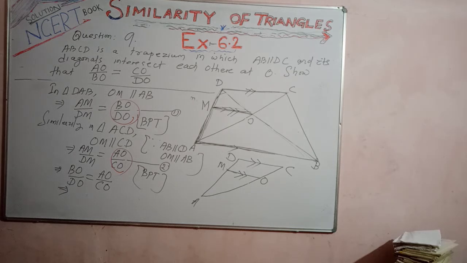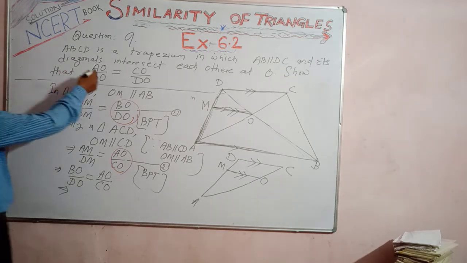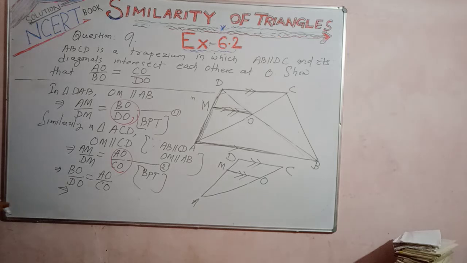Now you have to prove that AO upon BO is equal to CO upon DO.